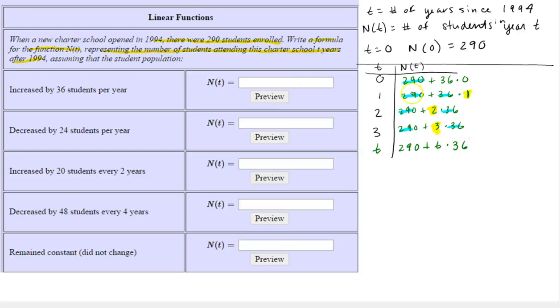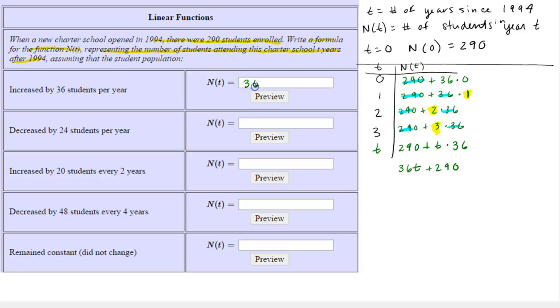Okay, so notice 290 stays the same, 36 stays the same, 0, 1, 2, 3 align with the value of t, and here's a generic t. And we like to write the number multiplied by the variable first as a coefficient. And I'm going to put 36t plus 290. And you can put these in either order. I just like to put this part first.